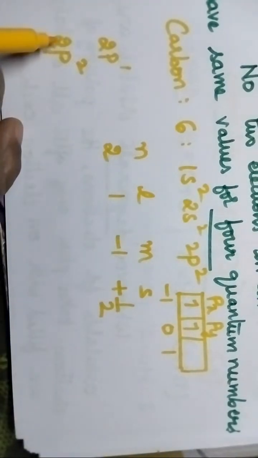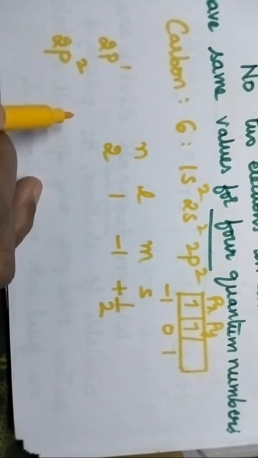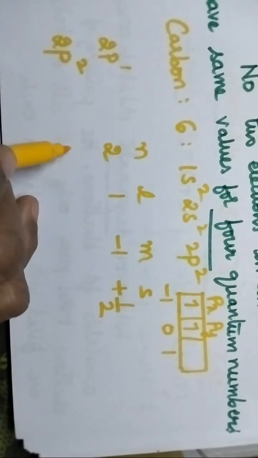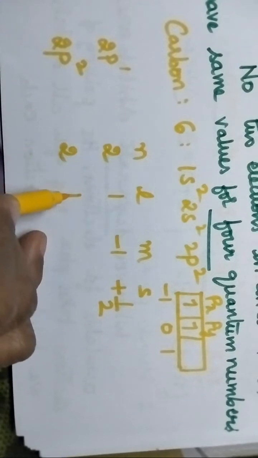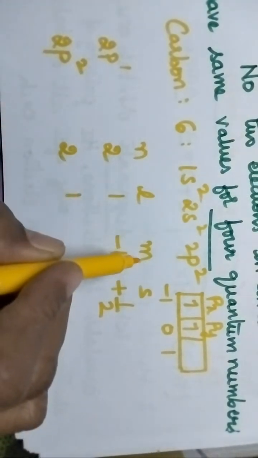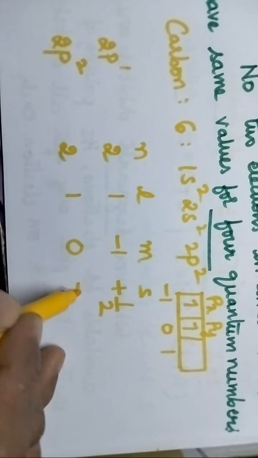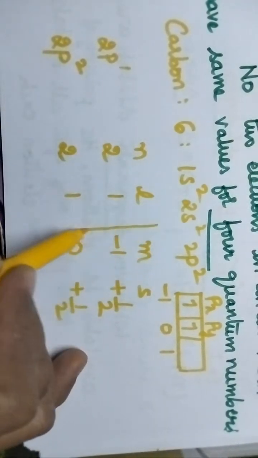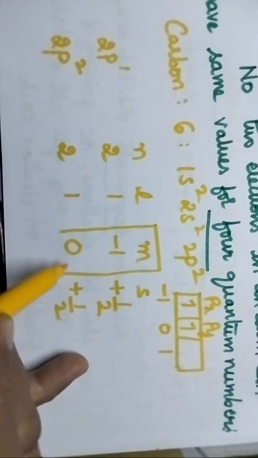Coming to the second electron, 2p2, n value is 2, l value is again 1, but the m value is 0, s value is plus half. So 3 values are same, these 2 electrons differ by m value. Clear?